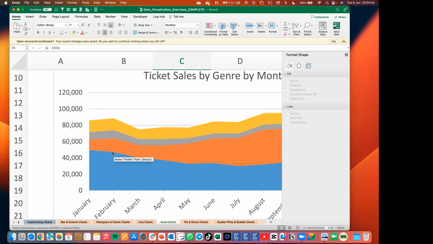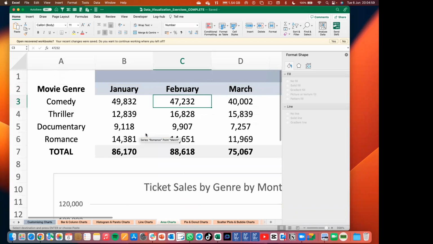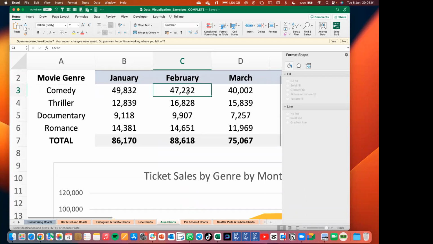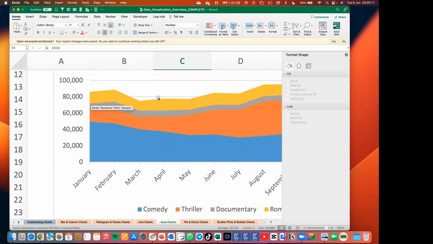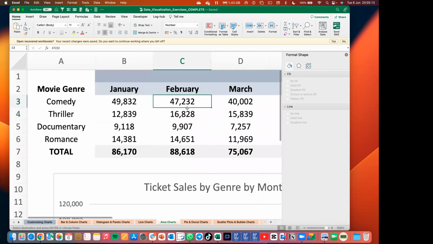Then when you leave here up to there, it gives us 60 something, which means between this and this, it gives us 64. Then when you add documentary, which is here, from here up to here, it goes to around 70 something, which means if I add documentary like this, it goes to 73,000.